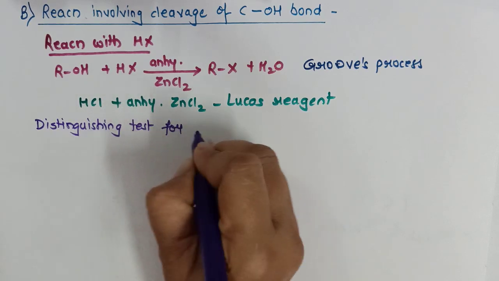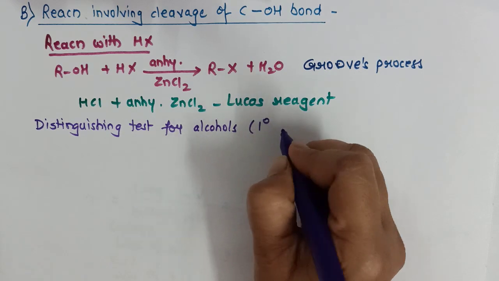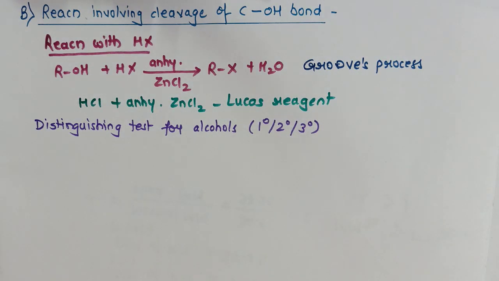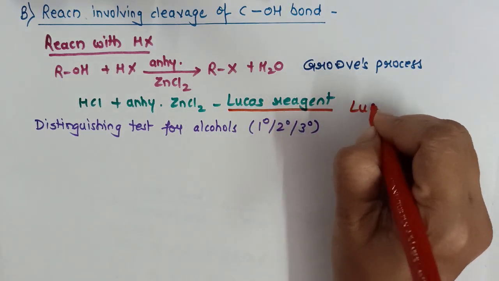For alcohols, especially if I want to distinguish between 1 degree, 2 degree or 3 degree alcohol, I will use this Lucas reagent, and the test is known as Lucas test.